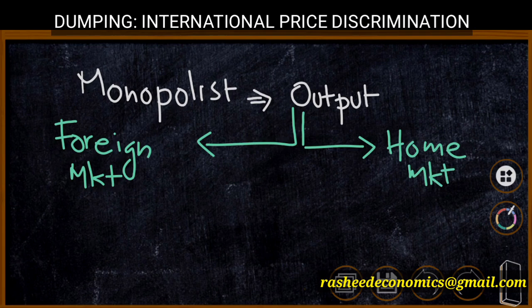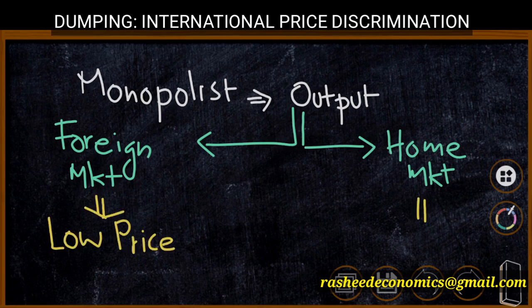It is clear that in the foreign market there will be competition from various countries, various parts of the world, and automatically the price of the product will be a little bit low. A low price is charged in the foreign market, whereas in the home market there will be no competition. Therefore, the monopolist charges a high price for the product.